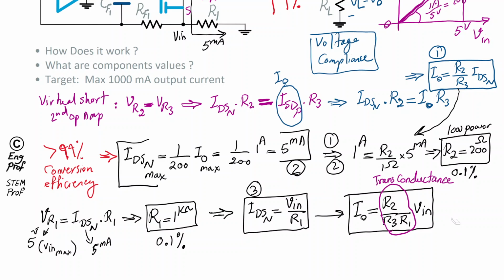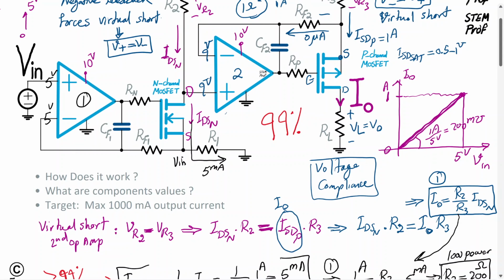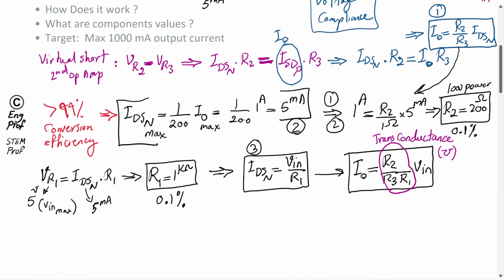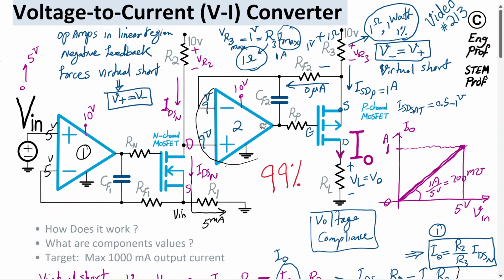So it's a ratio with a unit of Siemens, or mho, or inverse ohm. It's a positive value and exactly satisfies what we discussed in terms of the voltage to output current characteristic, with the values selected. Okay, so last note, op amps 2 and 1 are just nominal op amps.